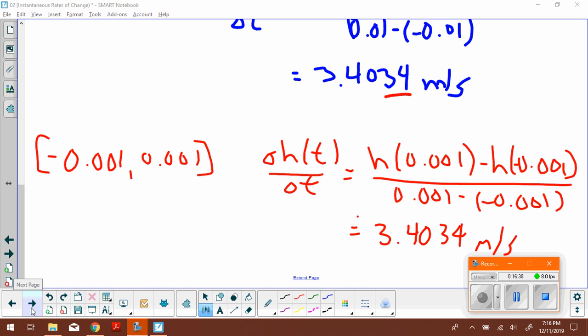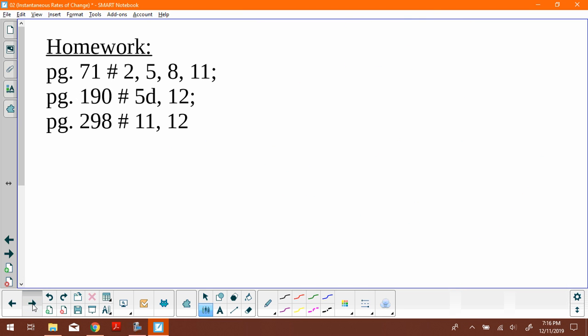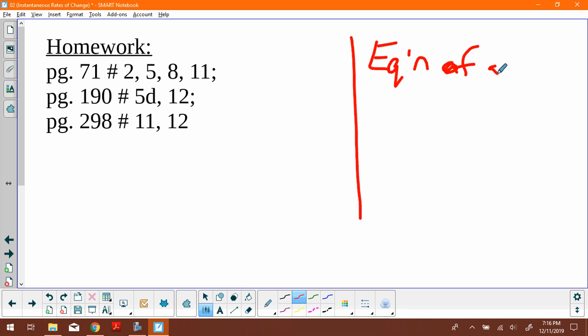So that's it for this lesson. That's how you calculate an instantaneous rate of change. There's the homework. Just one quick thing to note about the homework. Some of the questions will ask you to find the equation of the tangent line. But it's the same thing as what we talked about yesterday with secant lines. If I really want to find the equation of the line, for the equation of a tangent line, it would be like that last example we did in class yesterday.